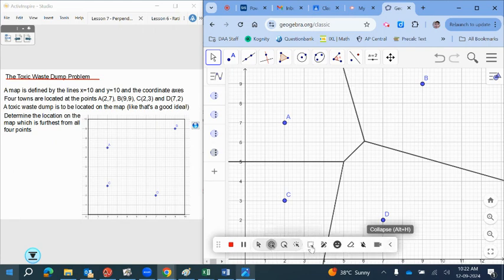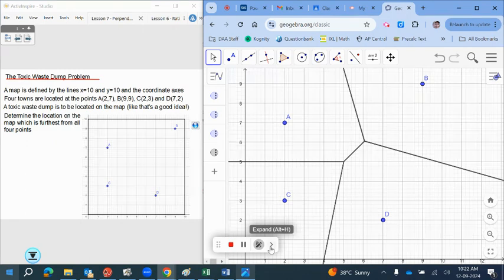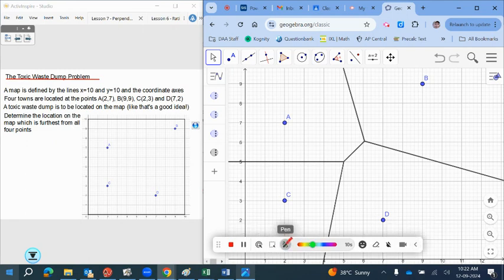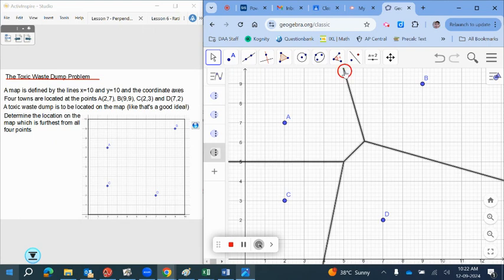Now, if you remember, this line here is the edge AB.